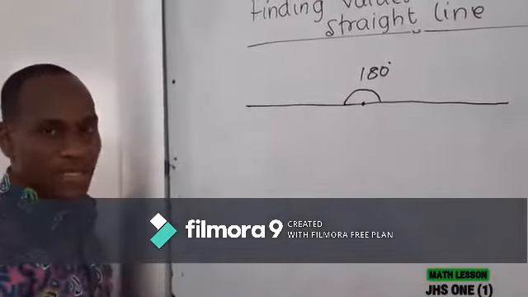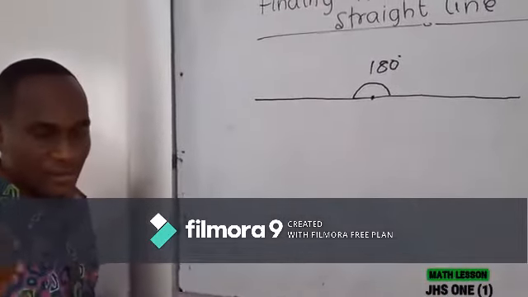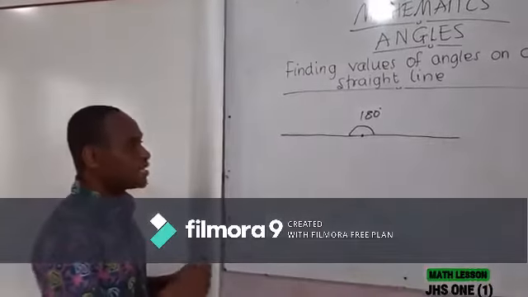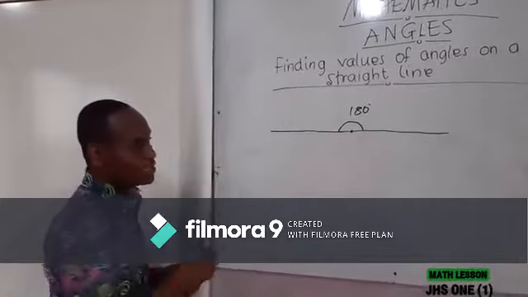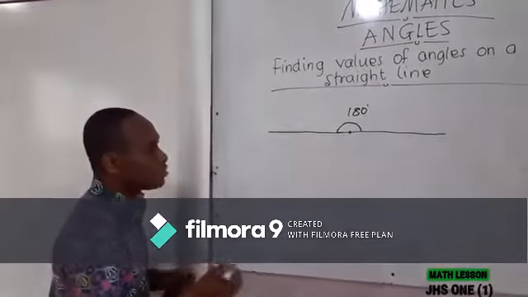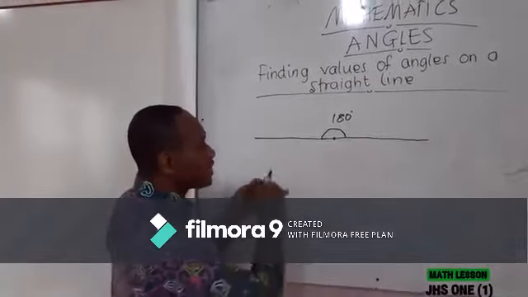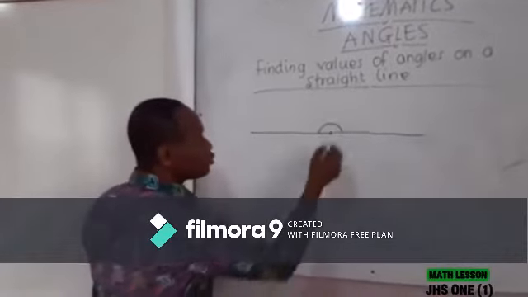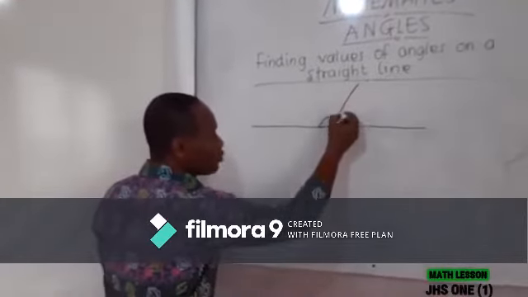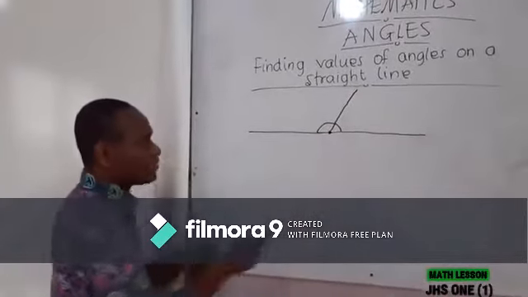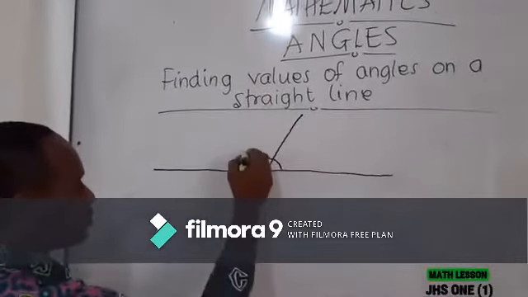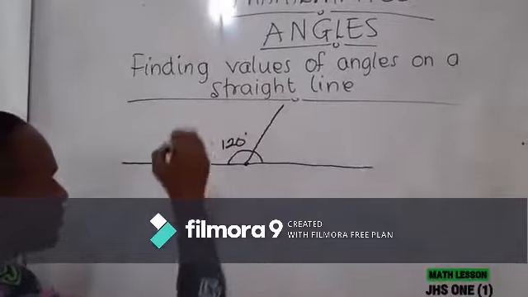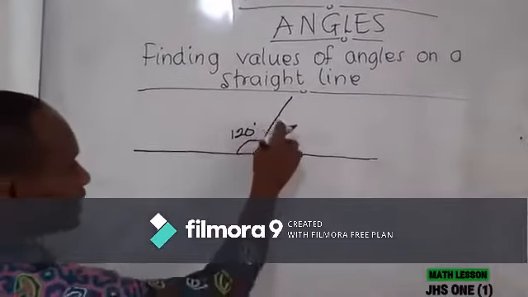Now, when you are given a straight line, I said the angle on it is 180. Now, this 180 can be divided into two, not necessarily two equal parts, but can be divided into two. Now, assuming one side is given to you, let's say here 120 degrees, then they ask you to find the other side.